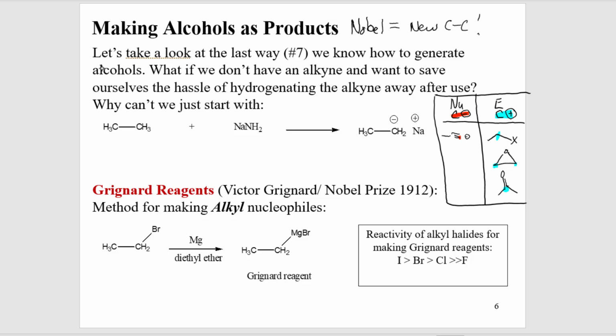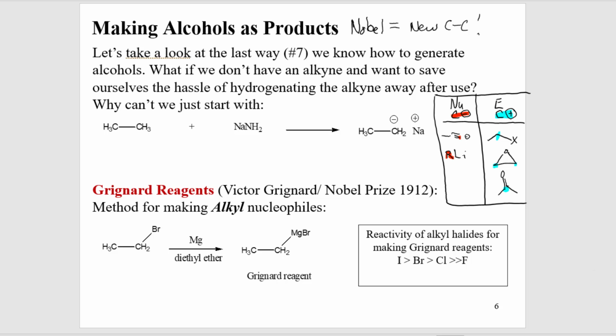So this slide introduces 2 new players to the carbon minus game. We're going to call it RLi, which really, if you look at it, is just carbon minus Li plus. It's an ionic bond. Fine, that shouldn't be any surprise.